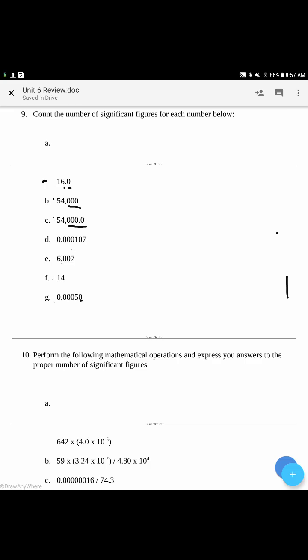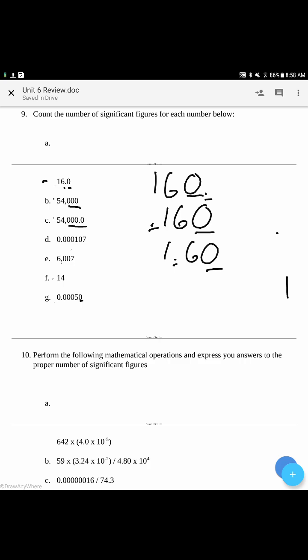That decimal is there, so it is significant. And it doesn't matter if it was 160 with a decimal there. Doesn't matter if it was 0.160. Doesn't matter if it was 1.60. If that decimal exists, that means the trailing zero is significant.